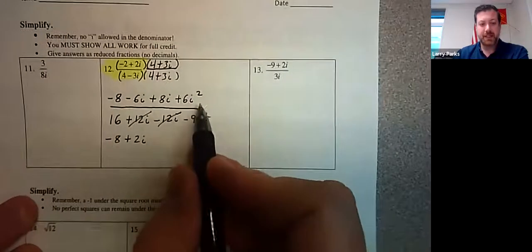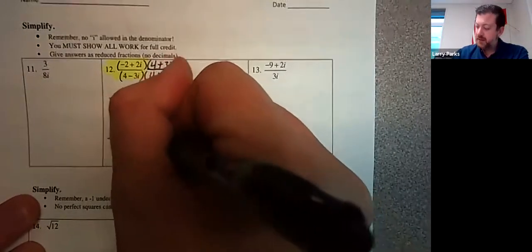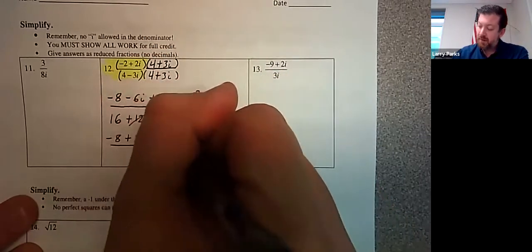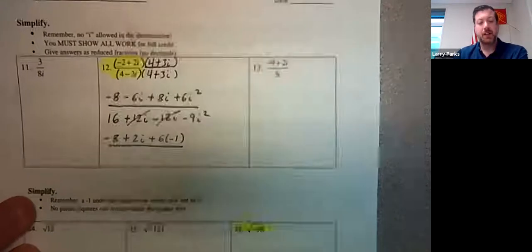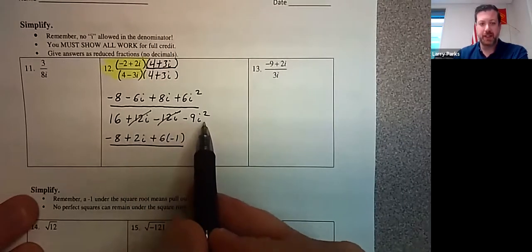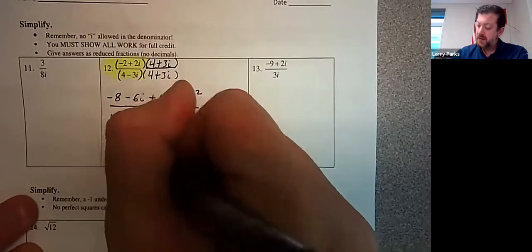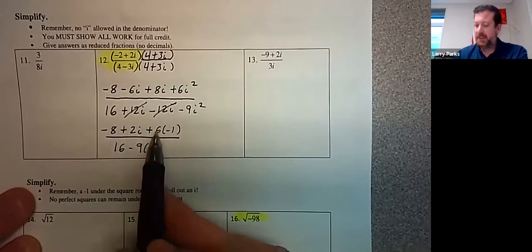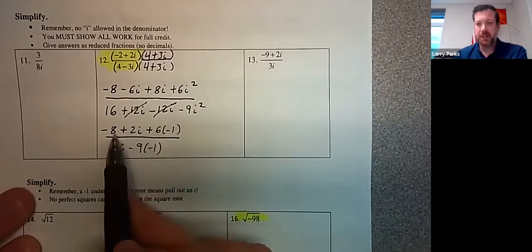And then that'd be 6 times negative 1. And then from there, it'd have 16 minus 9 times negative 1. And then from there, that's negative 6 plus negative 8, negative 14.